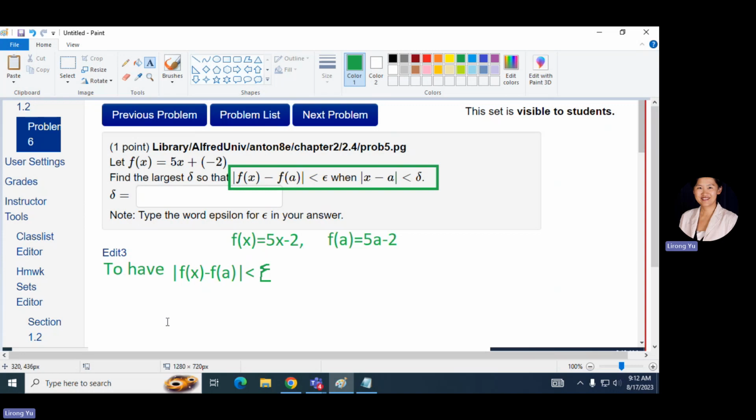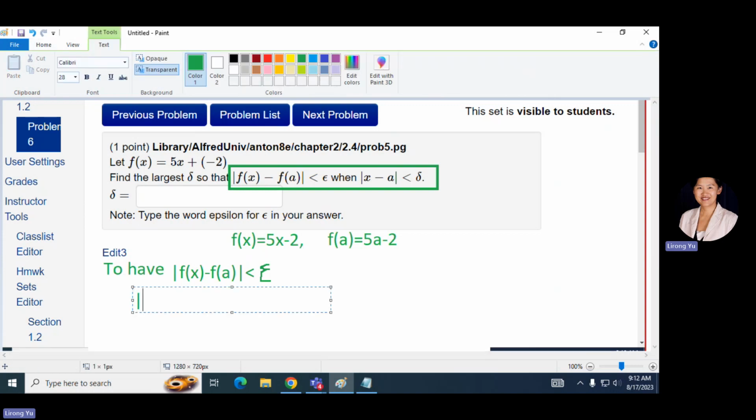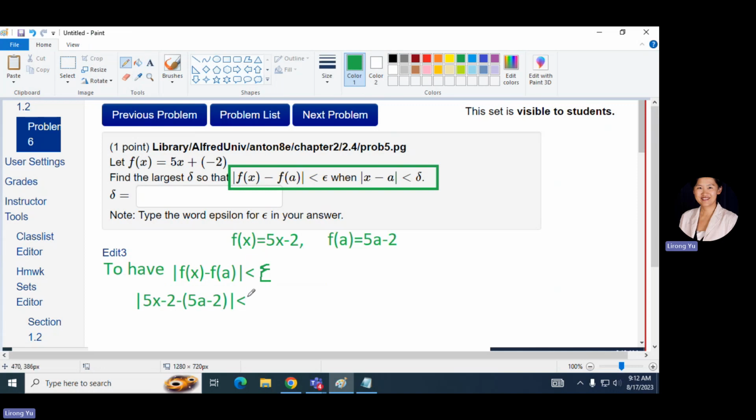So f of x and f of a are already expressed with formulas. We have the formulas for both, so we can start writing it. F of x is 5x minus 2, and then we have f of a, that's 5a minus 2. I'm using parentheses to protect the order of operations, making sure f of a is f of a.